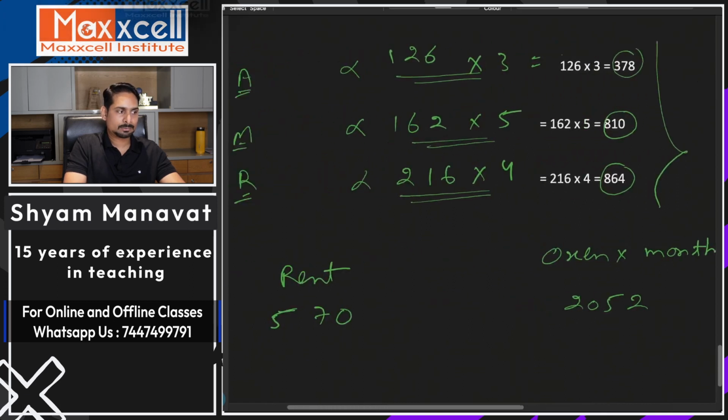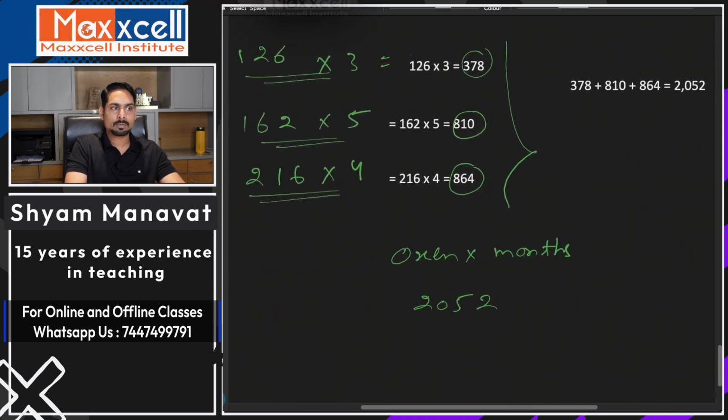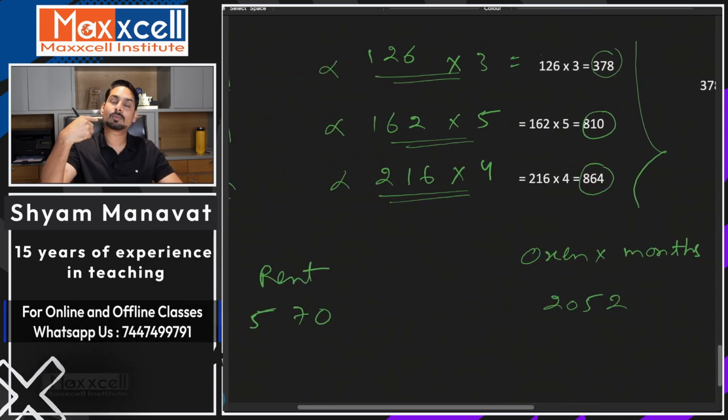So this total, the sum of product of oxen into months including all three, is giving you 2052. So this 570 is with respect to 2052.